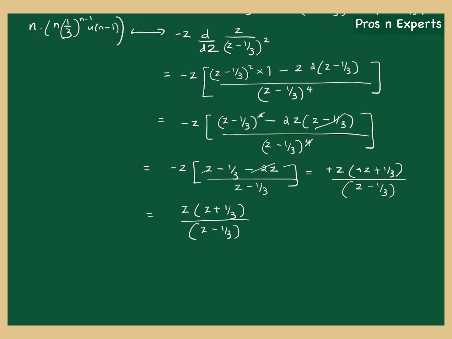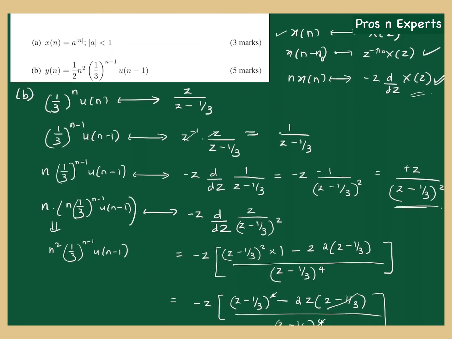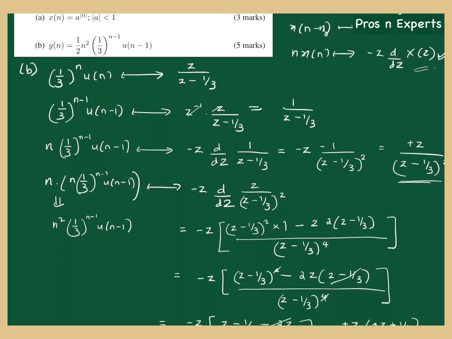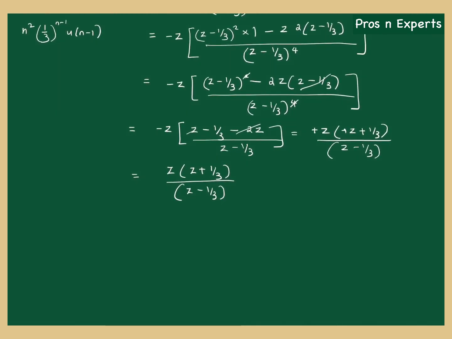Okay, so remember this is the z transform of n square into 1 by 3 to the power n minus 1 u of n minus 1. And is that what the question demands us to find out? No, it is half into n square. A half alone is missing, and that is very obvious.